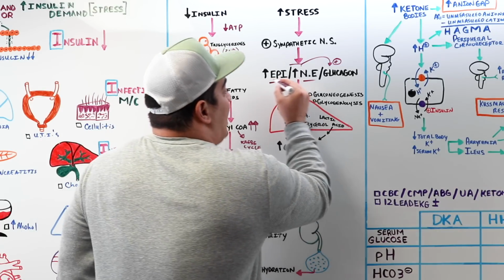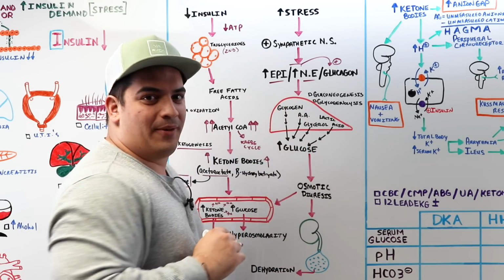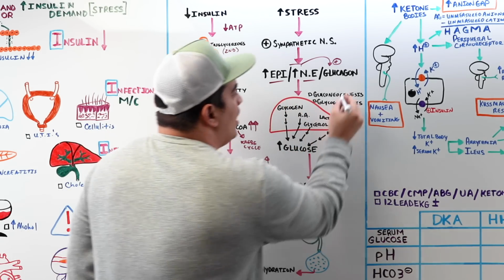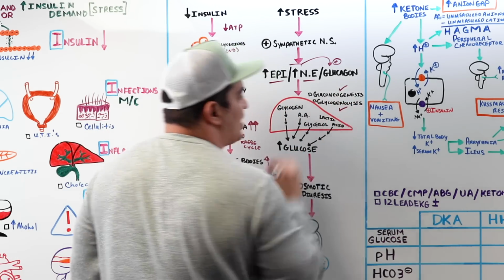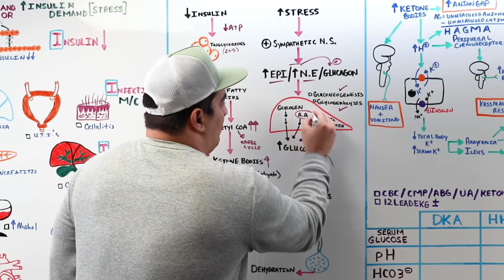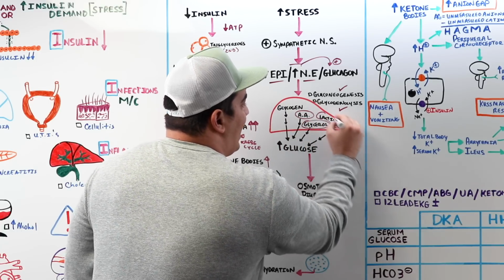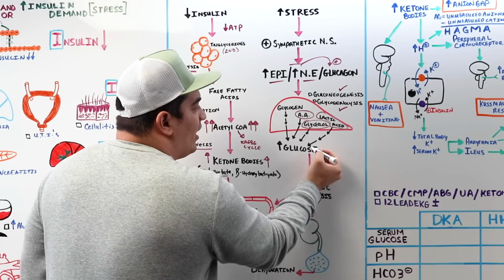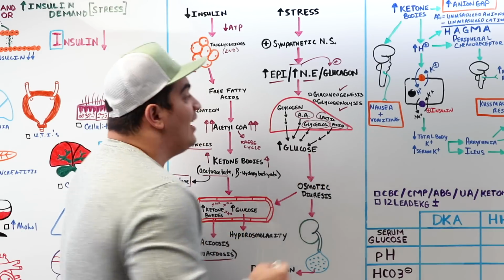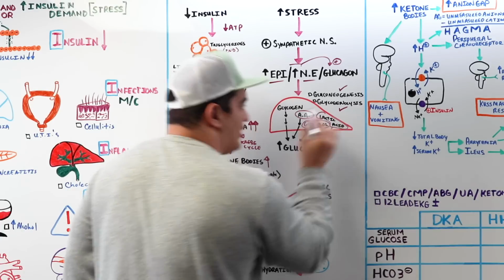Now, with increased epinephrine, norepinephrine, and glucagon, they love to act onto the liver. When they go to the liver, they promote two processes, which is high yield. Gluconeogenesis, which is where I can take amino acids, I can take glycerol, and I can take lactic acid and convert it into glucose. The other mechanism that it can promote is called glycogenolysis.